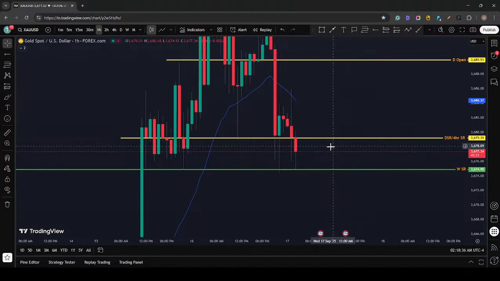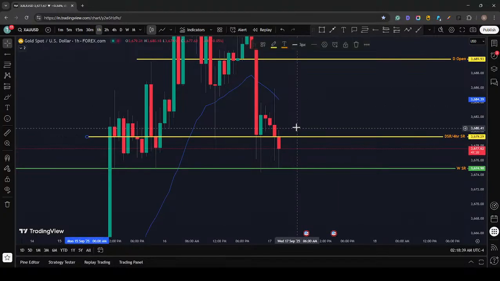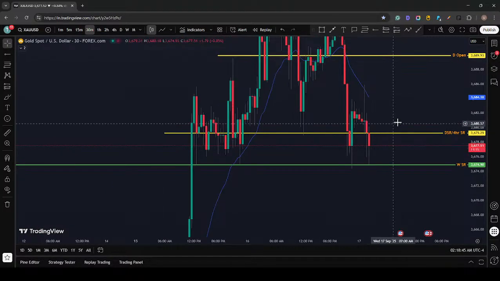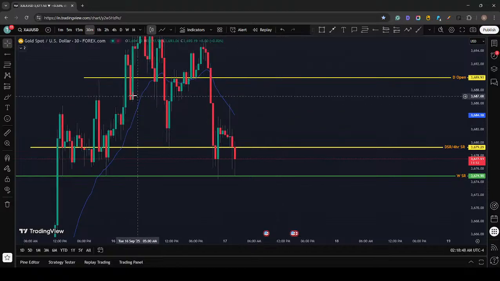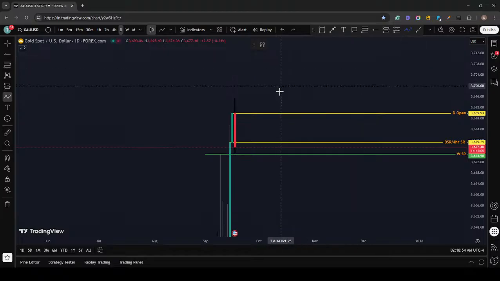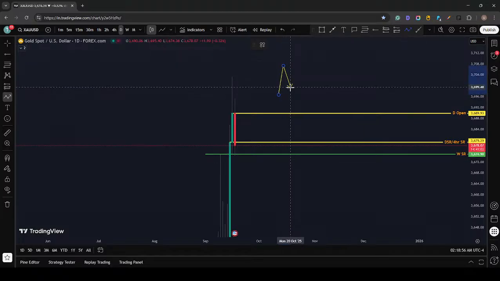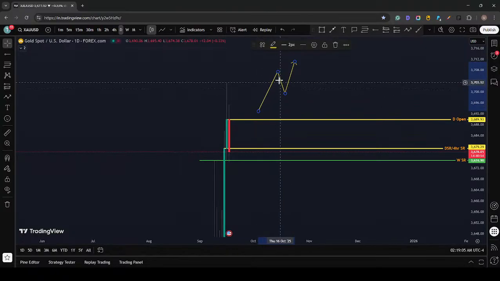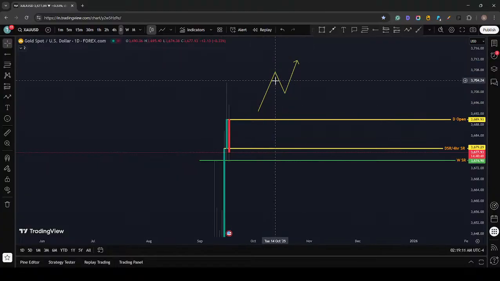See, these candles are rejecting from here. So we always take a trade in the direction of the daily and 4 hour time frame, right? So if the daily candle is bullish and the last 4 hour candle is bullish, it means our bias is bullish.